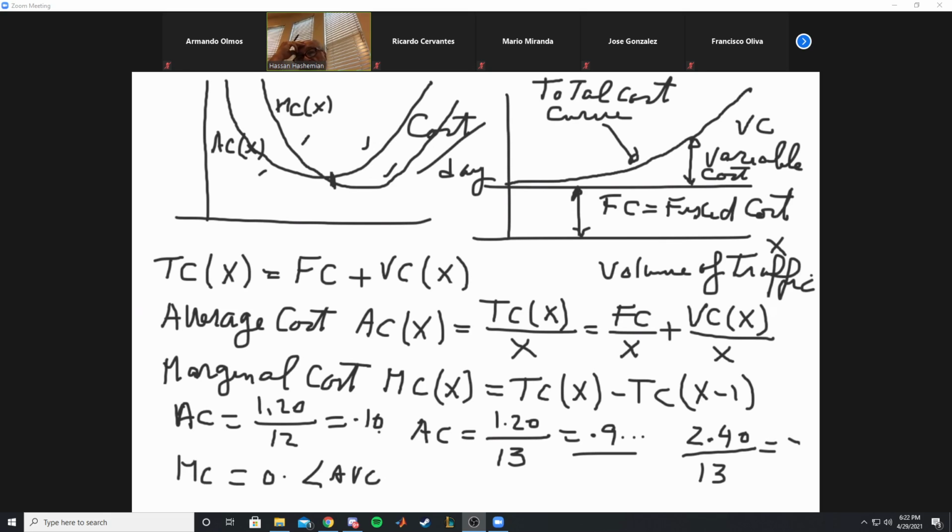So that causes congestion. So we try to prevent that extra unit from coming to the freeway because the cost of that extra unit is a lot. So when you hear about congestion pricing on the freeway, that's what they are trying to do: prevent those extra cars from coming into the freeway by pricing them, discouraging them from coming, because it makes the average cost of all the vehicles go up.